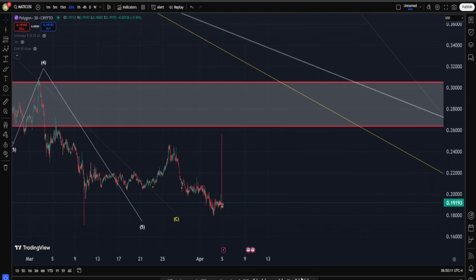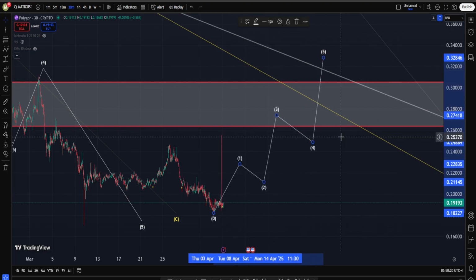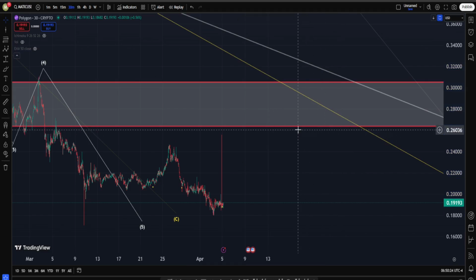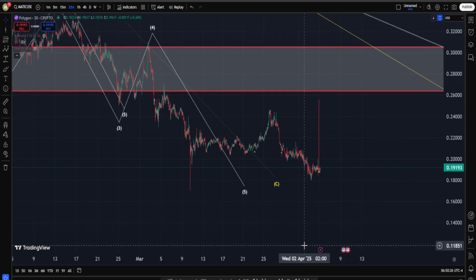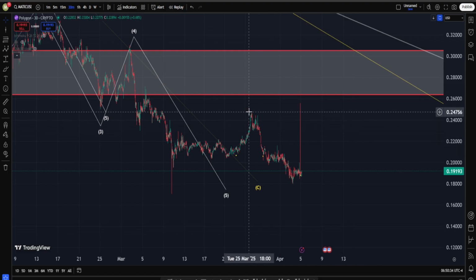If we do something like this, for example a 1 2 3 4 5 wave up, and we get back above this level, at that point you are going to see me talking bullish in Matic with a lot more confidence. For now, I'm going to be more bearish than bullish in the short term, as long as I'm not proven otherwise. And the moment that I see some optimistic signs, you are going to see me flip completely bullish in Polygon in a heartbeat.